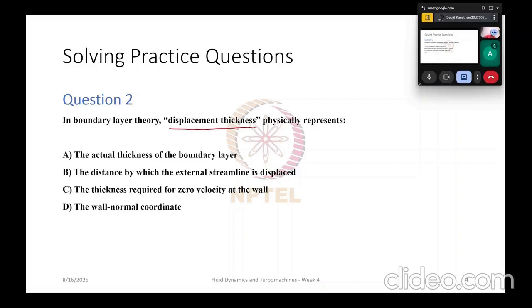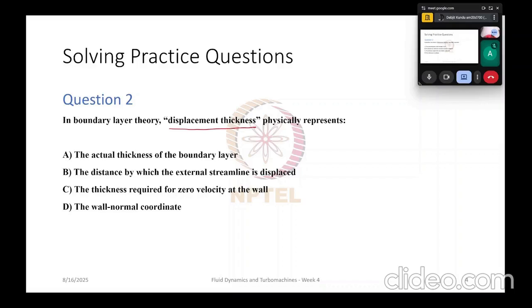There are 4 options given below. Option A is the actual thickness of the boundary layer. Option B is the distance by which the external streamline is displaced.